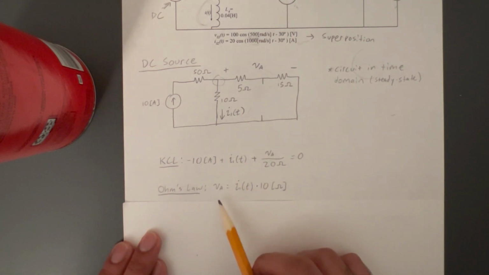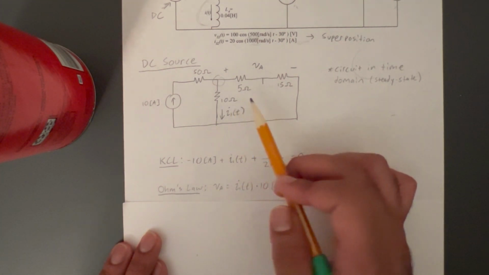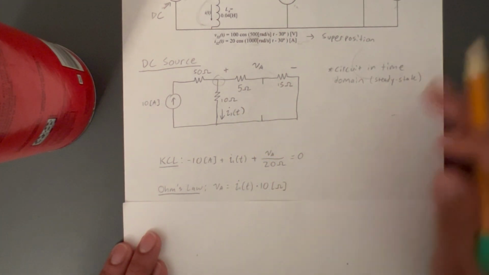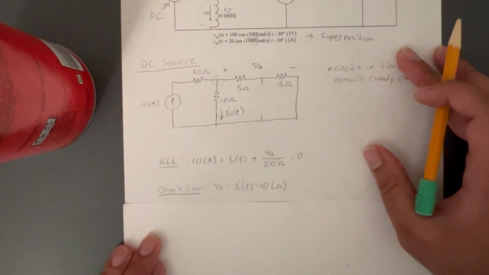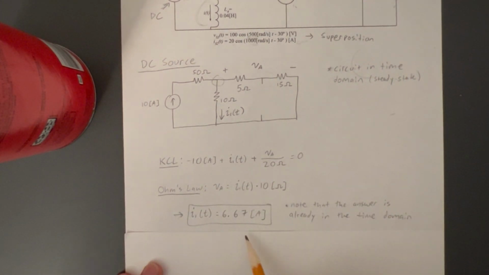So we can do Ohm's law over this 10 ohm resistor, and we end up with this equation. Solving for the two, we get this value, 6.67 amps. It's important to note that this answer is already in the time domain. With superposition problems, you need to keep track of what is in the time domain and what is in the phasor domain, because at the end we have to add all these I values up.